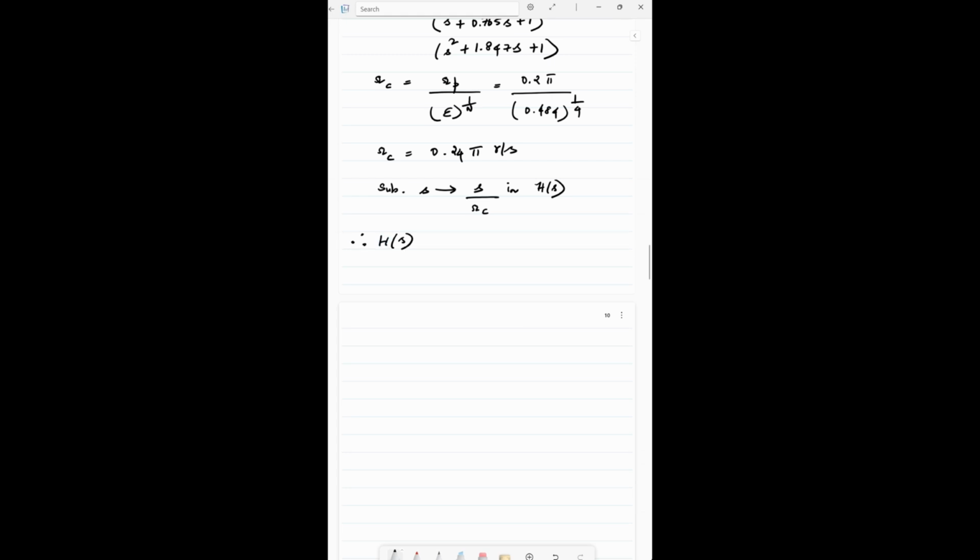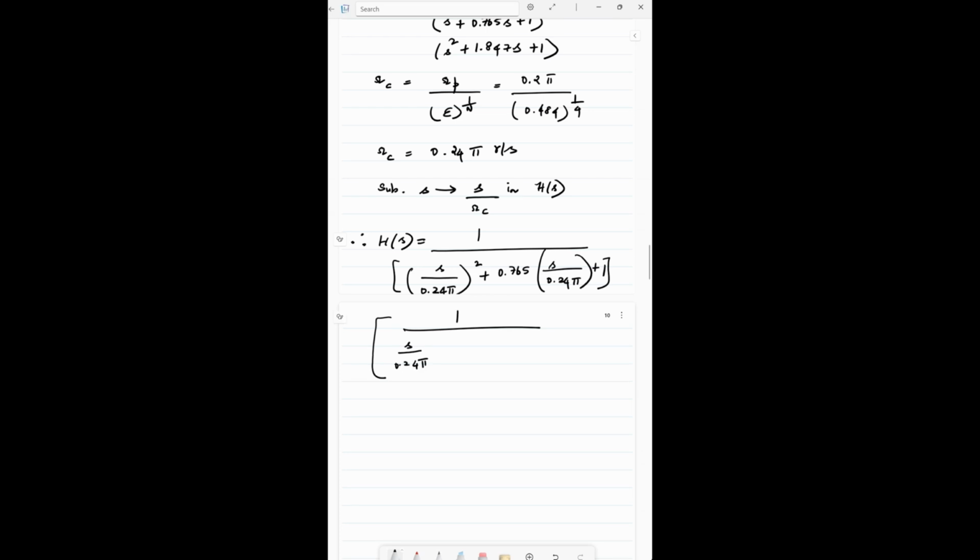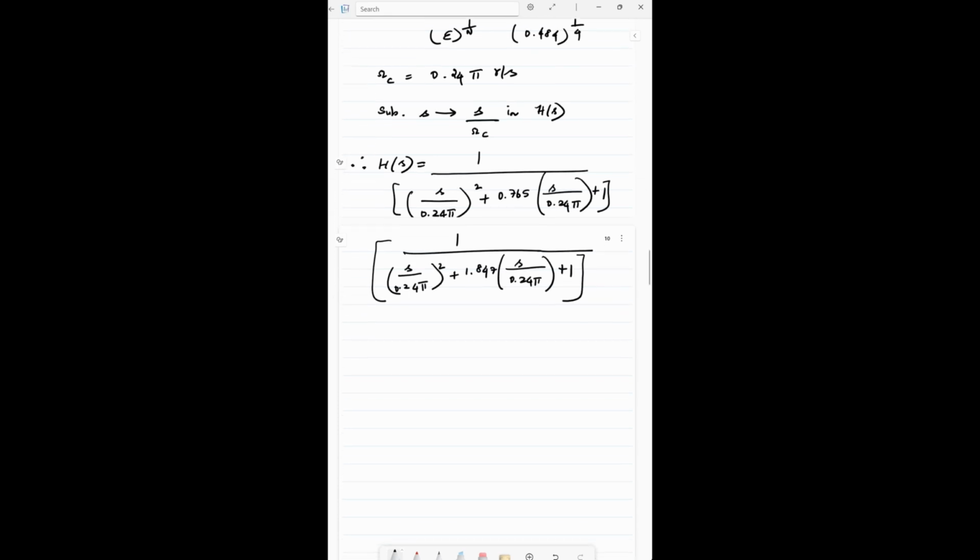Therefore, the modified H of s will be, so wherever s is there, just replace that with this value, which is s divided by 0.24 pi in our case. Just simplify this.